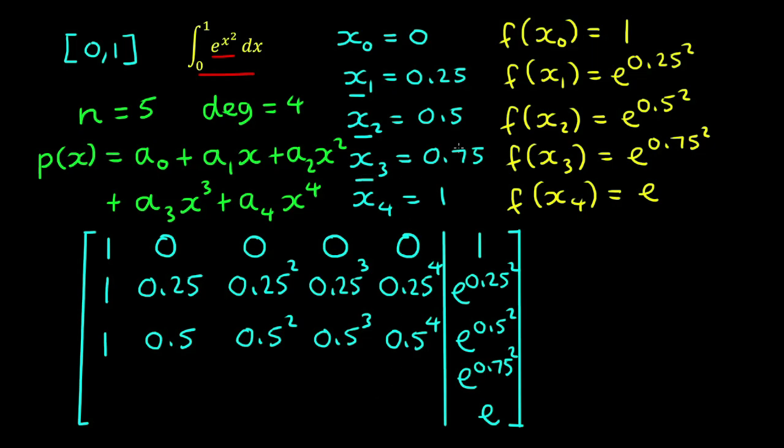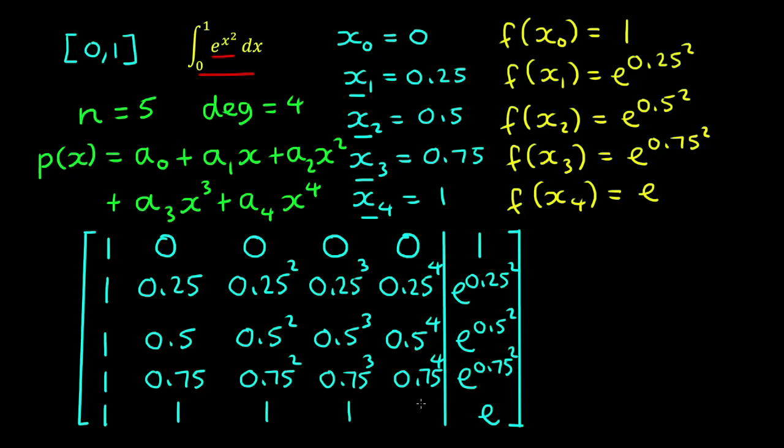And then we have x3 is 0.75. So in our next equation we have 1, 0.75, 0.75 squared, 0.75 cubed, and 0.75 to the 4. And finally we use x4 is equal to 1. So we have a0 by 1, and then a1 by 1, a2 by 1 squared, and 1 squared is 1, 1 cubed is 1, and 1 to the 4 is 1.